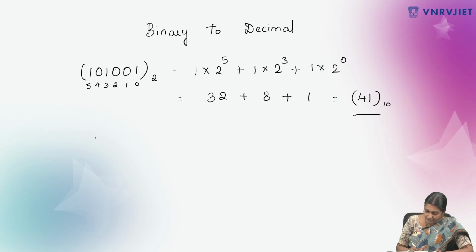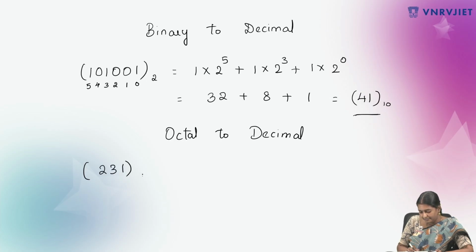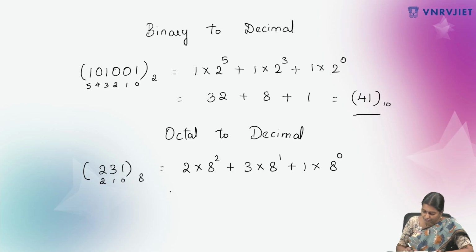So next one, converting octal to decimal. Coming to octal to decimal, let us take back the number 231 to the base 8. No octal point or radix point here. So the positions are 0, 1 and 2. So 2 into 8 square plus 3 into 8 power 1 plus 1 into 8 power 0.